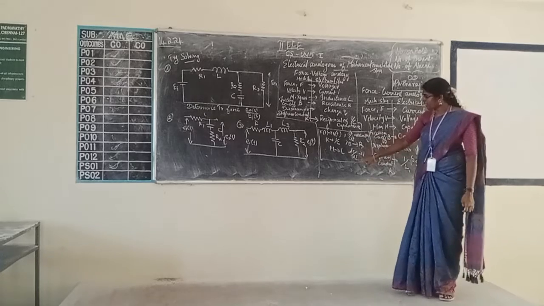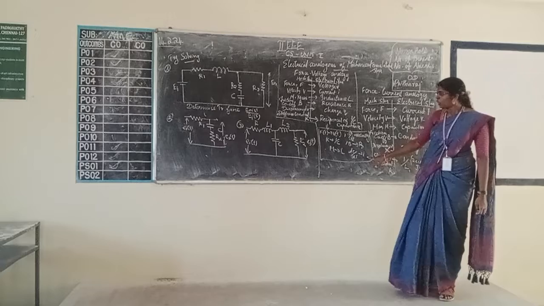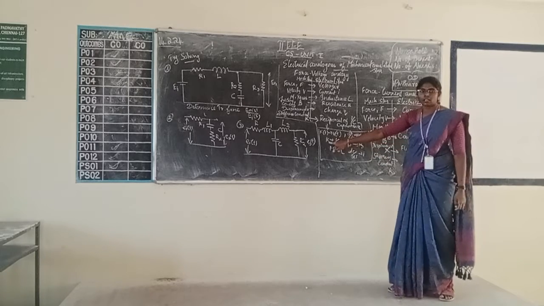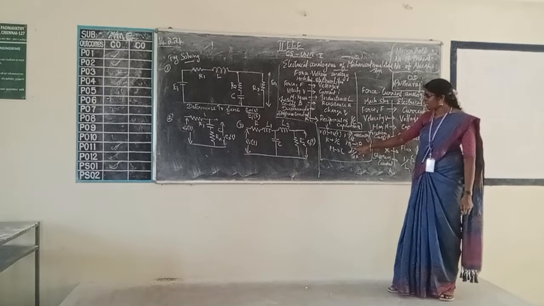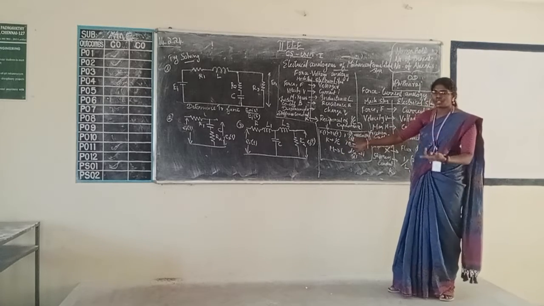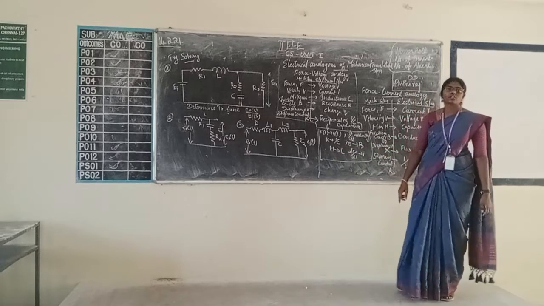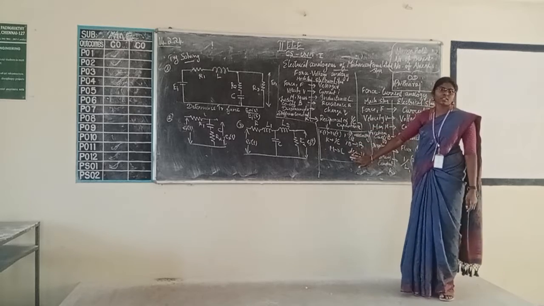So wherever the dx by dt term comes, we have to replace it with current in the conversion. Likewise, the spring K is replaced with the reciprocal of capacitance 1 by C, the dashpot friction coefficient B is replaced by the resistance R, and the mass M is written as inductance L. These things you have to know.